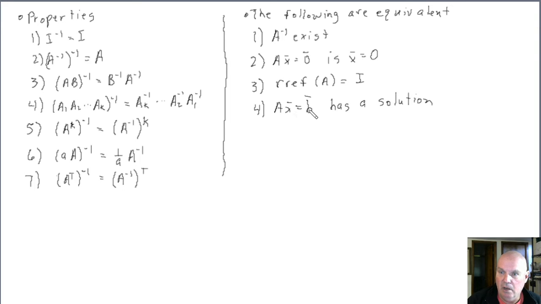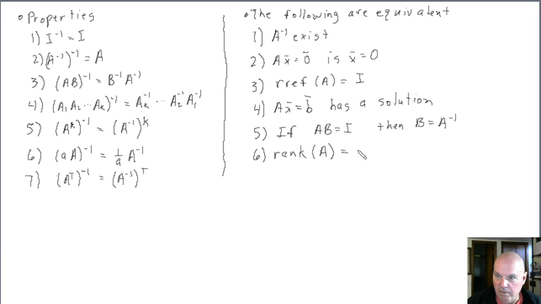It would actually be A inverse times B. If a matrix B exists such that AB is equal to I, then B is the inverse of A. And finally, the fact that the inverse exists is saying that the rank of A is equal to n. We're saying that the matrix is of full rank. Again, A is an n by n matrix.